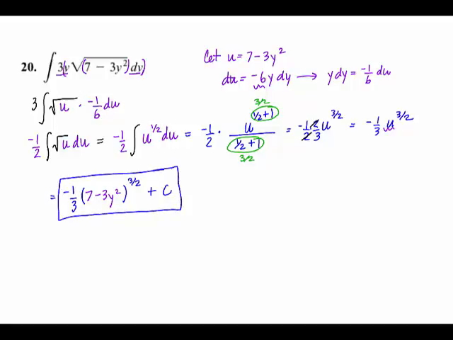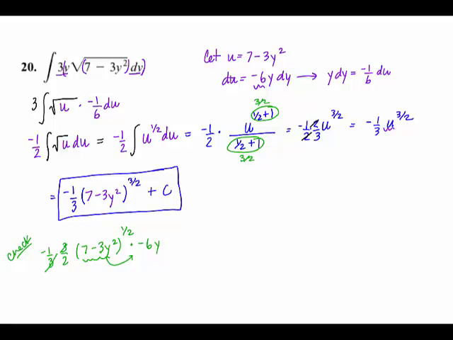Always, you can check. Make sure we found the correct antiderivative. That's negative 1/3 times the exponent 3/2 times 7 minus 3y squared to the 3/2 minus 1, which is 1/2. And then by the chain rule, the derivative of the inside is negative 6y.